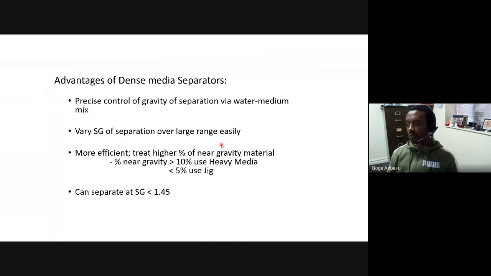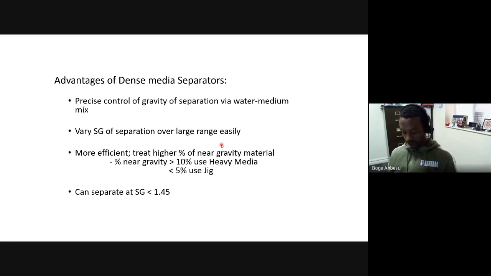So the control is a lot better. We can control separation gravity very well because the media helps a lot with that. And we can play with different specific gravity of the media as well. So we can vary medium specific gravity, and by that, we can cause different particles to separate at different points in the separation process. And that may help as well.